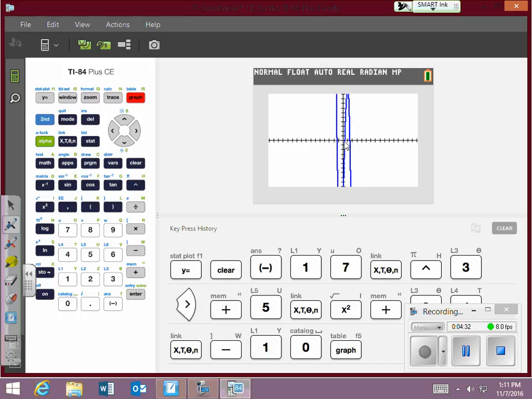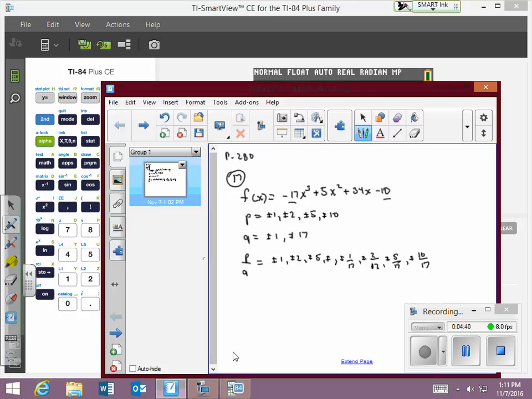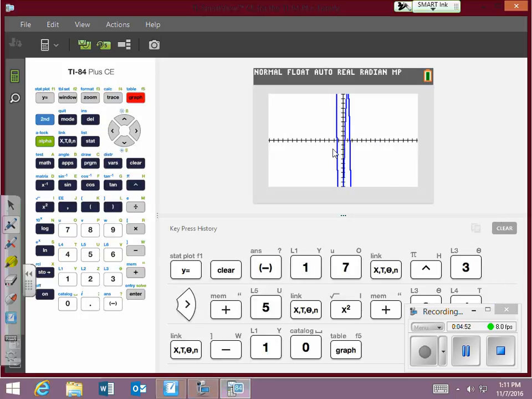Now, which 17th would this one be closest to? I'm just arbitrarily picking that. A 2 or a 5? Probably a 5, wouldn't it? 5/17ths. Do you see what I'm saying? That intersection right there.